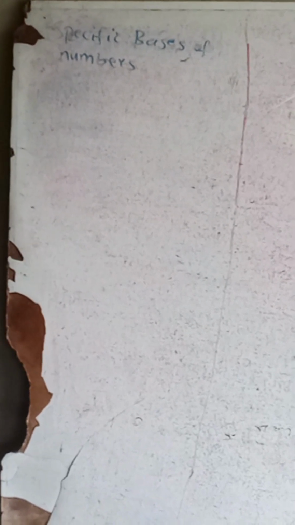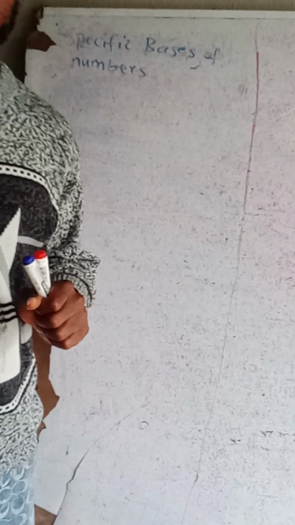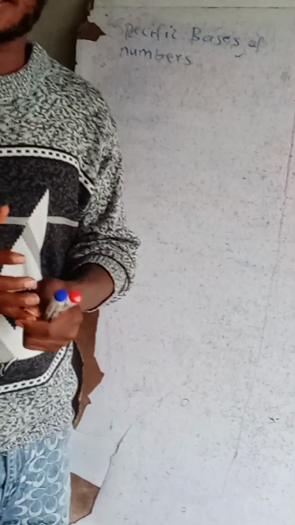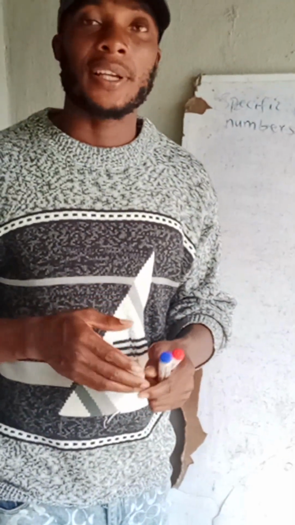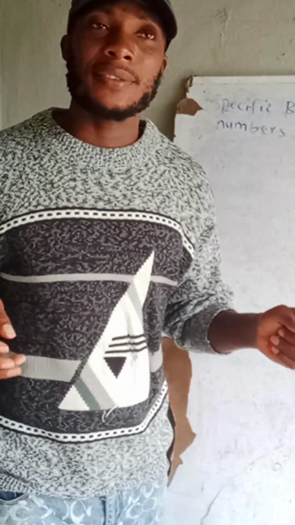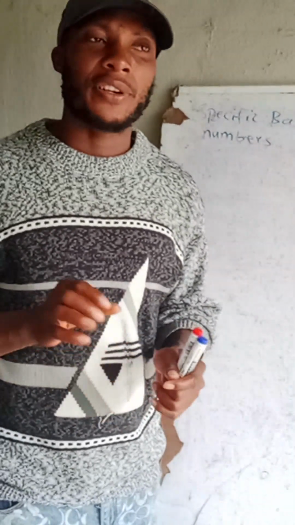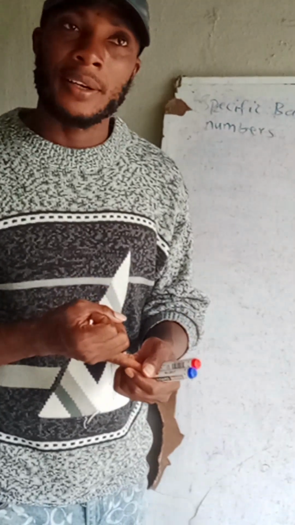Specific bases of numbers. Now, these are numbers that deal with addition, subtraction, multiplication and division. So we are going to be adding different bases of numbers. For instance, you can add binary numbers.